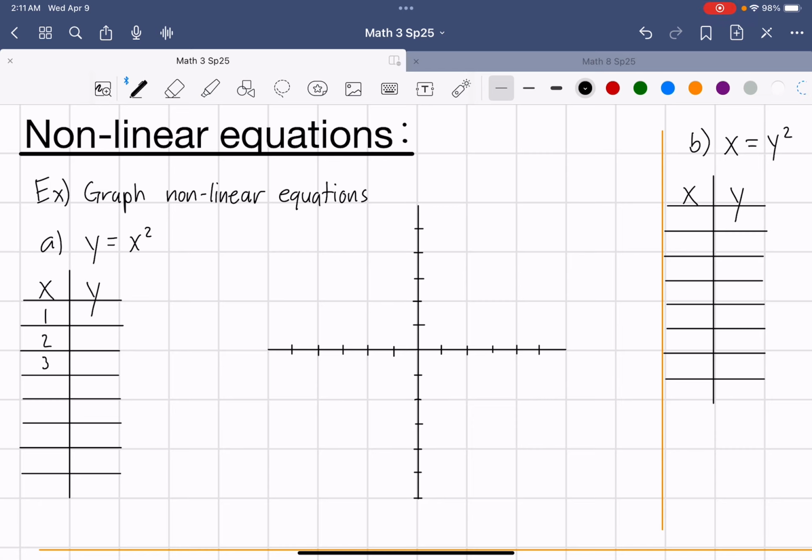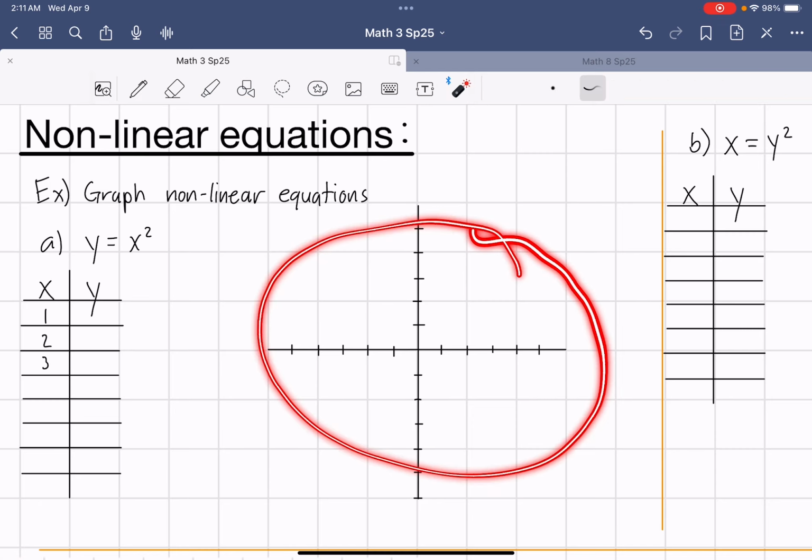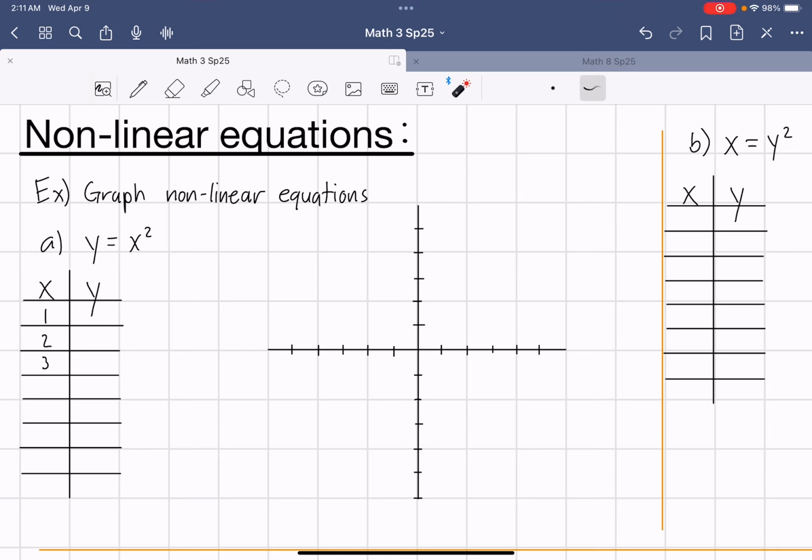But I don't know where that graph is here on this coordinate system. So you want to choose more numbers, maybe on both sides. Smaller ones, bigger ones. So that you feel that you have the correct image of that graph.